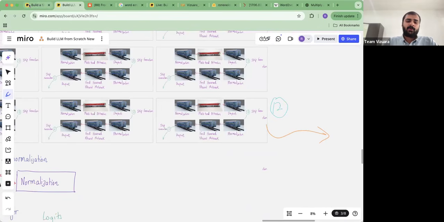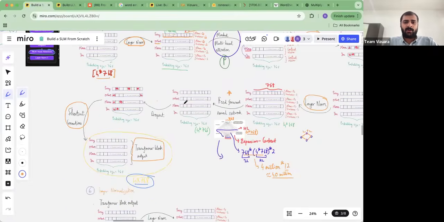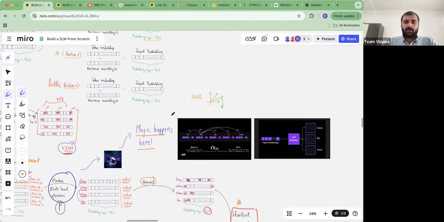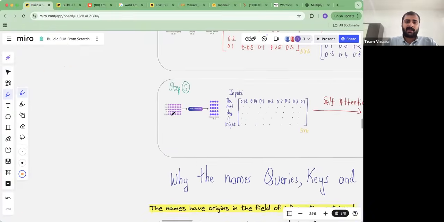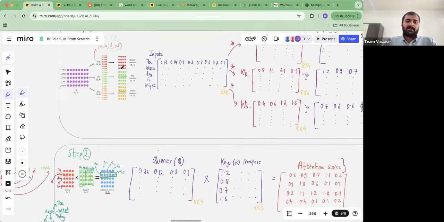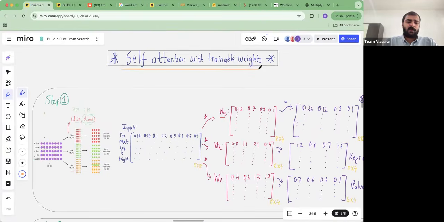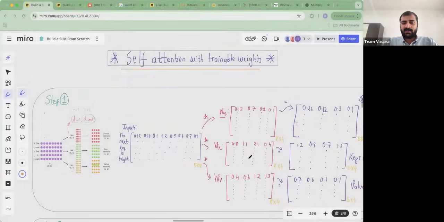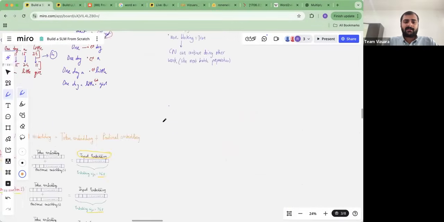Okay, so now we are going to take a very small break of around 3 to 4 minutes, because after the break I am actually going to explain to you the attention mechanism. This is going to be a separate section in and of itself. And in this section, we are going to try to understand what happens in this step.